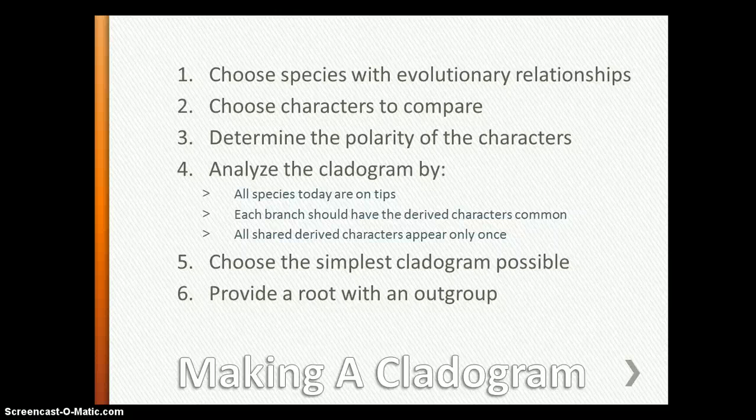And finally, you have to provide the root to the phylogenetic tree by choosing a non-controversial outgroup. What I mean by that is, phylogenetic trees have to be rooted, and it has a single node at the bottom of the tree, and this corresponds to a common ancestor for all of the species or groups of species in this tree.